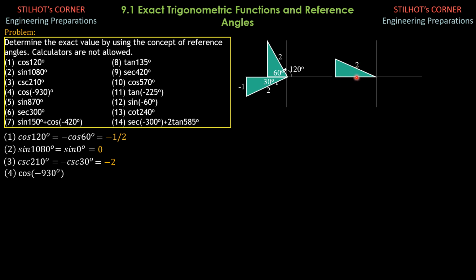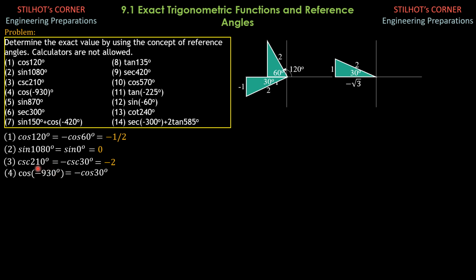Hypotenuse 2, adjacent square root of 3, but it lies in the second quadrant, so negative square root of 3, and this is positive 1. So therefore, cosine of negative 930 degrees is adjacent, negative square root of 3, over hypotenuse 2, so negative square root of 3 over 2. So it's like negative cosine of positive 30.